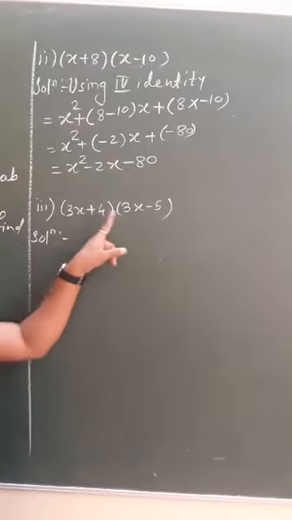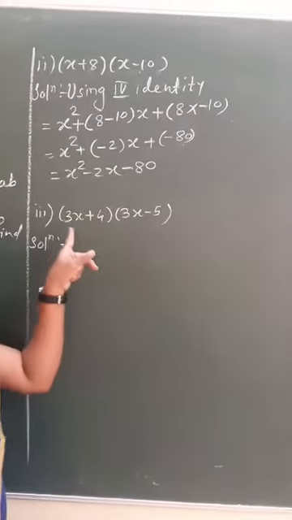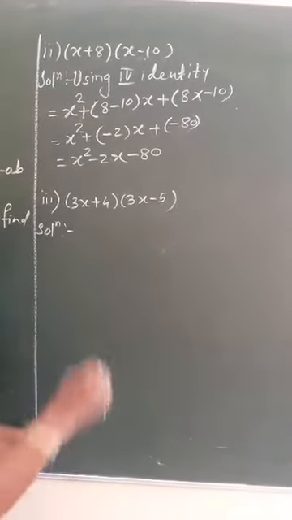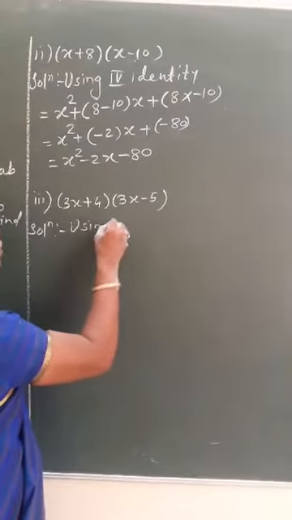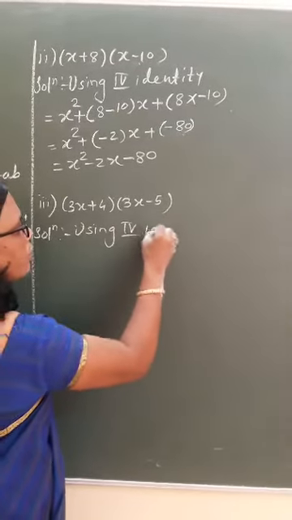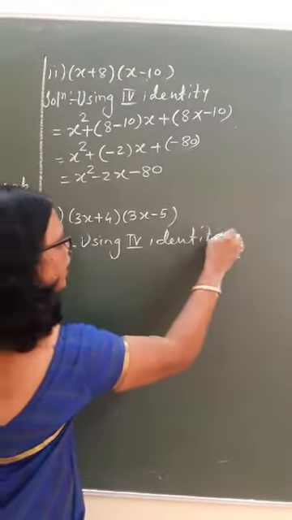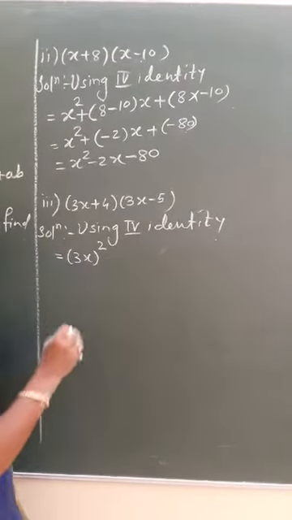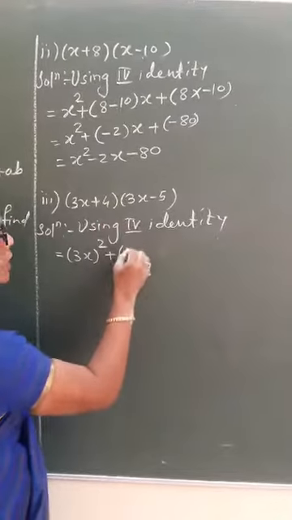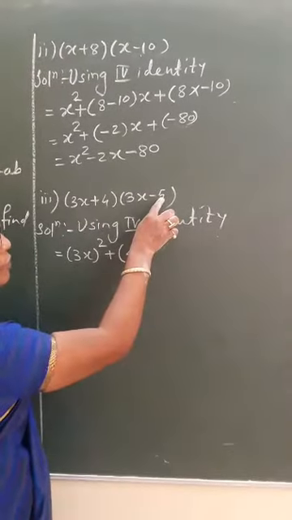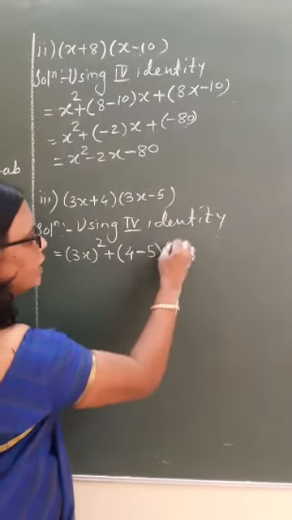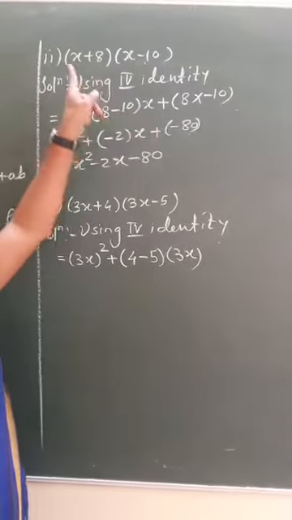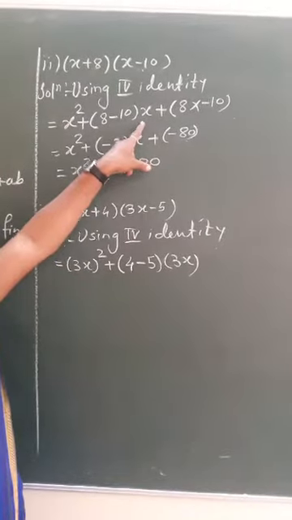Next is 3x plus 4, 3x minus 5. Again, are you finding the first term in both the brackets is the same and the second term is different? Again here we will use the fourth identity. What is the first term? 3x whole square plus, what is the second term? 4. What is the second term from here? Minus 5. Multiply by the first term, 3x. Here the first term is x, that's why we multiply by x.